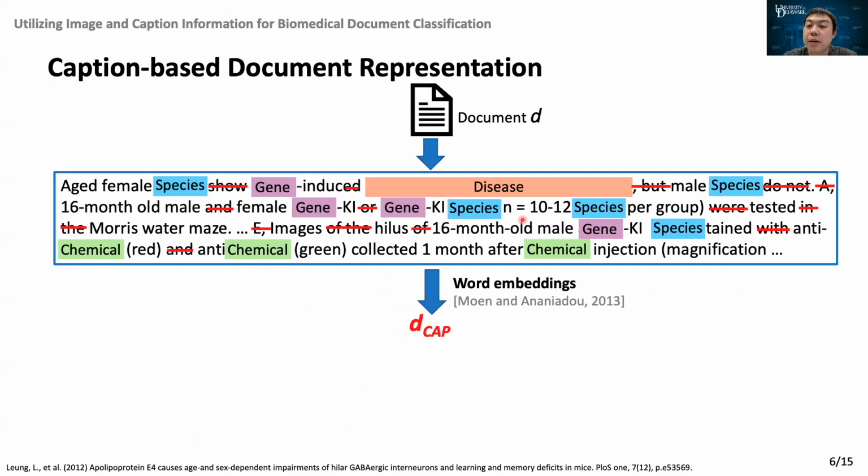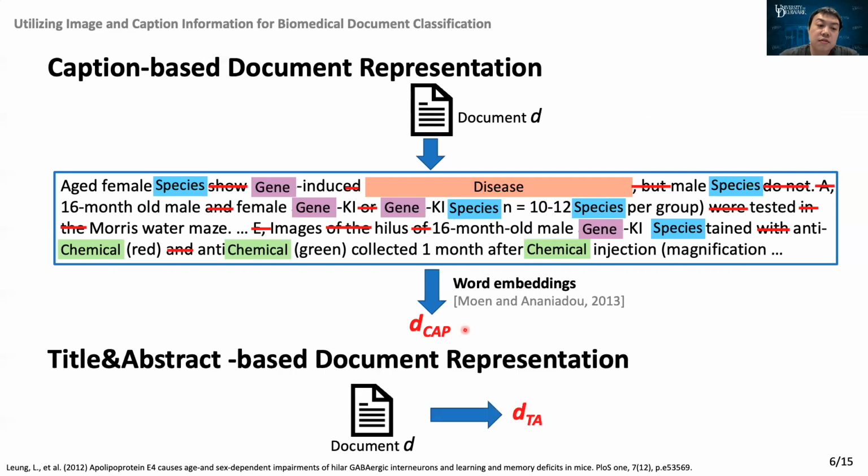To generate the caption-based document representation, D-CAP, we employ pre-trained word embeddings, which map words to vectors of fixed dimensions. For titles and abstracts, we employ similar procedures to generate the title and abstract-based document representation, D-TA.